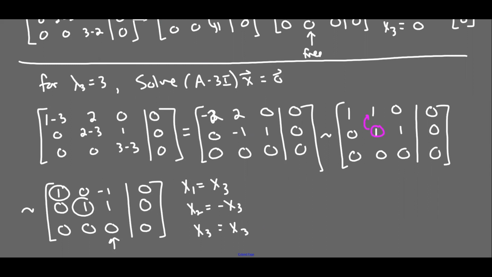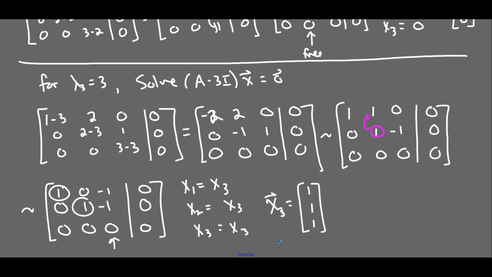I think I made an error here. That should be negative 1 after we multiply by negative 1. So that's a negative 1. So this guy is going to be plus. Right, so they're all x3. That's kind of weird. So my eigenvector, if I let x3 be equal to 1, it's my third eigenvector. It's just all ones.